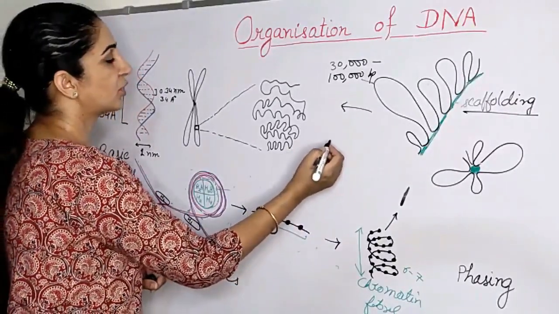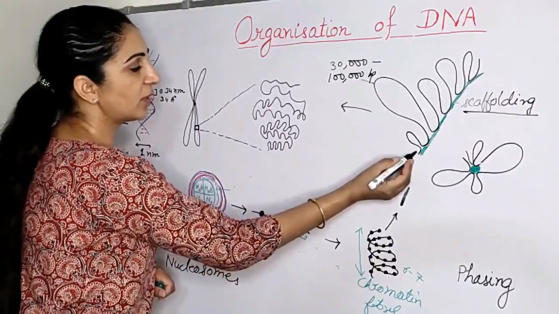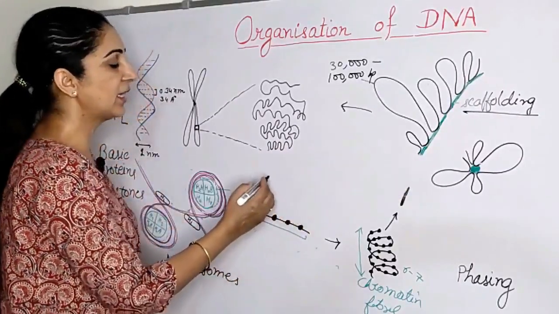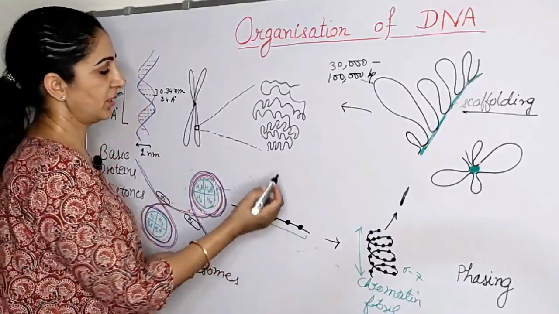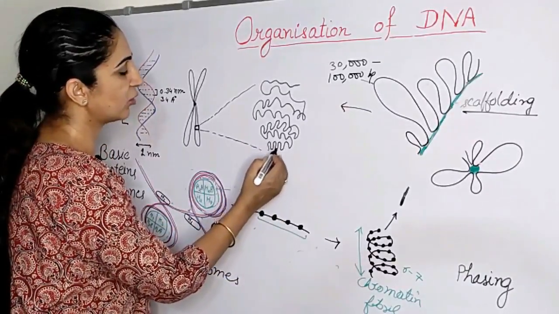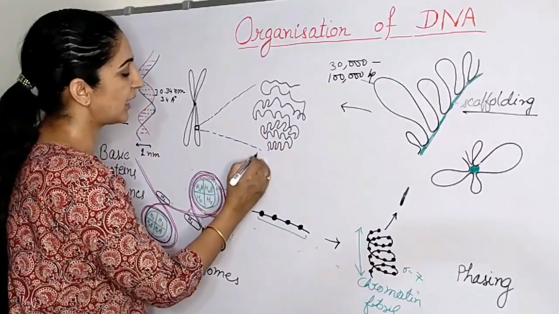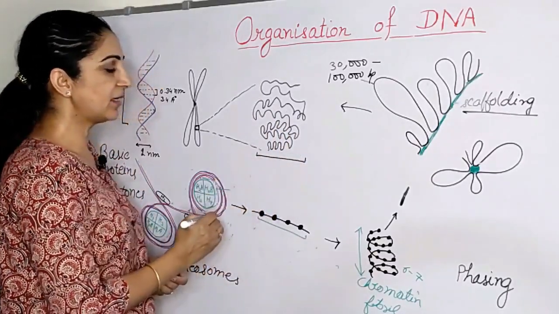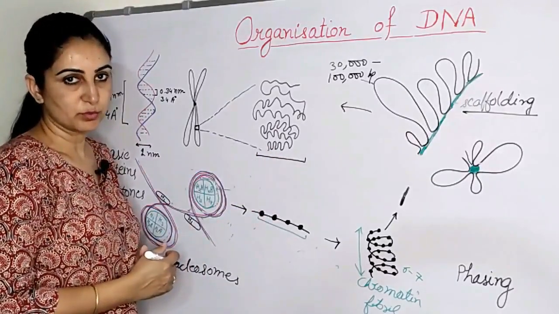Suppose we show the loop-like structure. So these are the loops. Now this loop-like structure or this scaffolding gets folded upon itself like this, so that we get one limb of the chromosome.